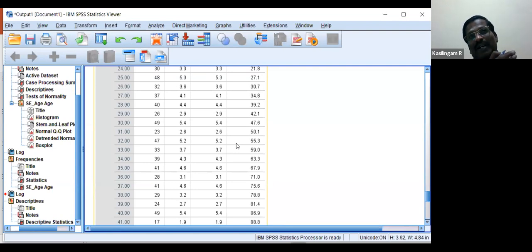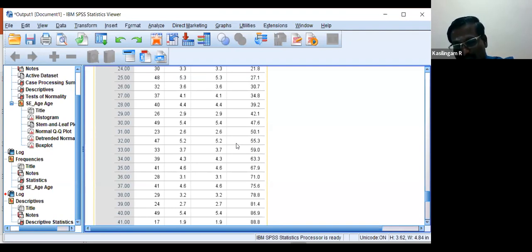What is the range less than the mean? 32 minus 18, which is 14. Some people are at 31, 30, like that. 14 age category people are there.